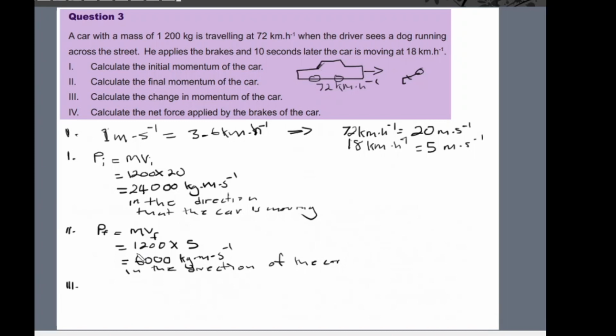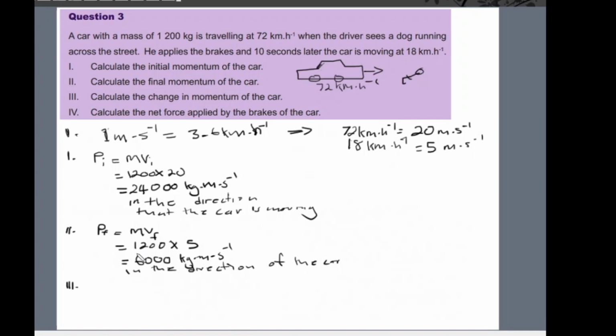So the final momentum we got from question 2 is 6,000, and from question 1 the initial momentum is 24,000, right?